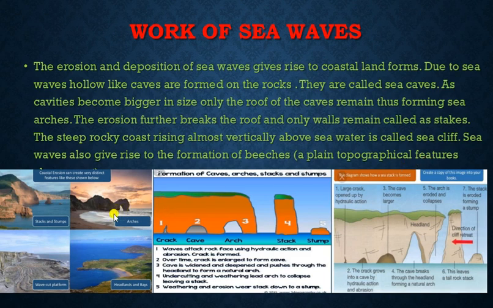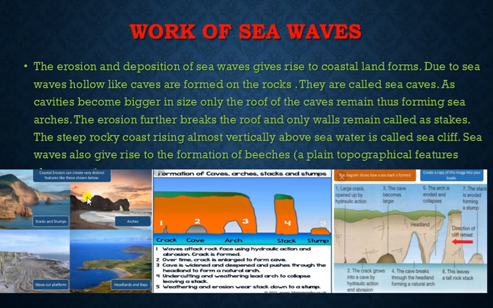There are different features formed by the action of sea waves. Here, if you are able to see, these are called platforms. That is, waves deposited coastal platforms. The material which is eroded here gets deposited over there along the banks of the ocean.